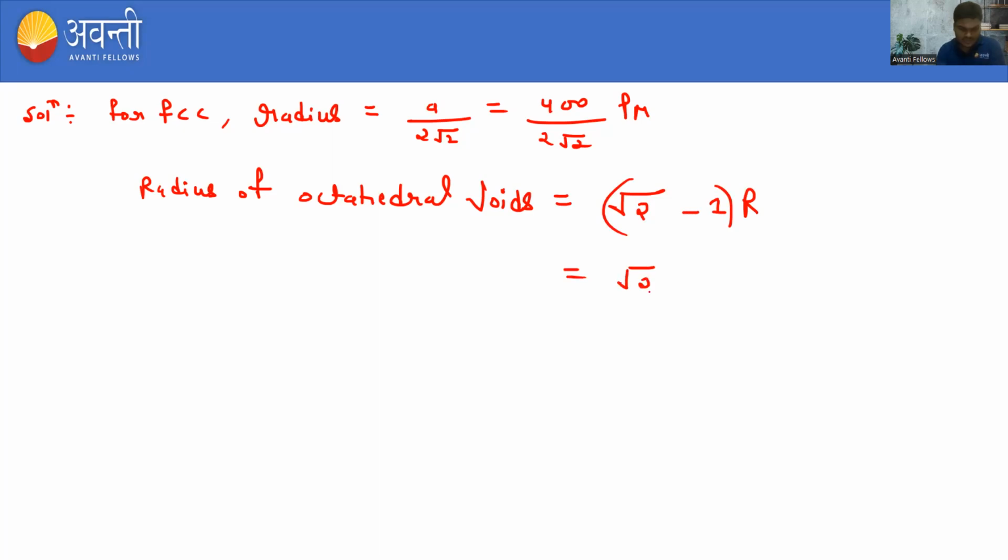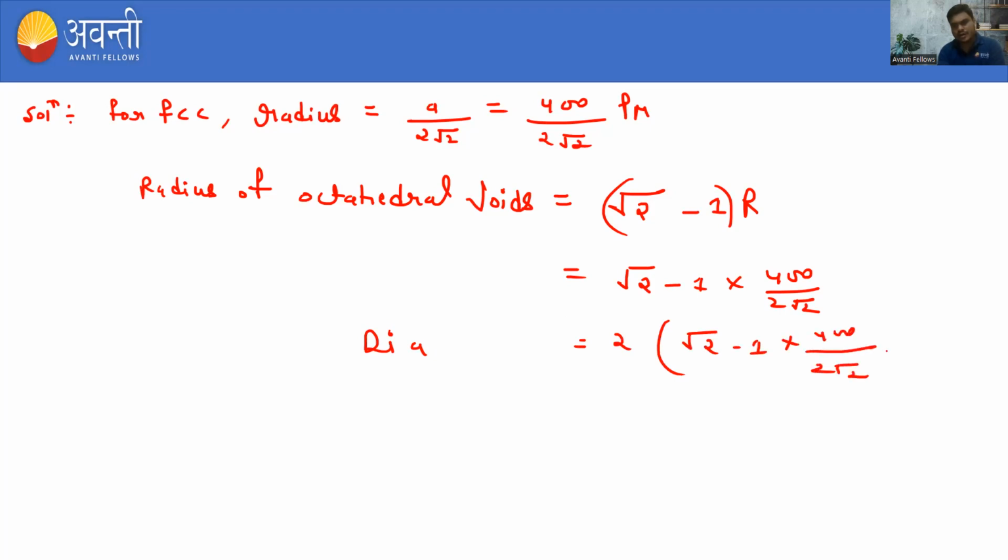This is under root 2 minus 1, and the value of r is 400 upon 2 under root 2. So just solve this value. This is the radius, and for the diameter you have to multiply by 2. So this comes out to be 2 into under root 2 minus 1 into 400 upon 2 under root 2. On solving, you'll get around 117 picometer.